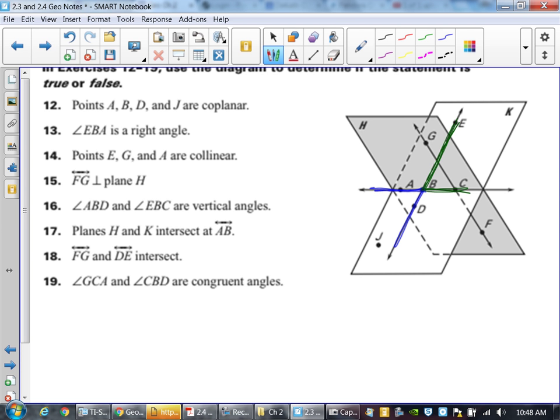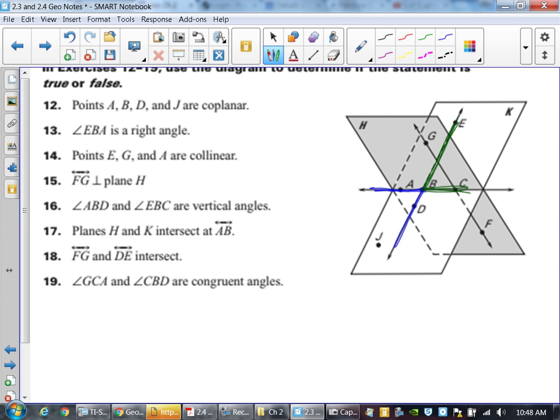True. Now, are both angles in the same plane? Hold up, they're all shared. Oh yeah, they're all on K. They're all on K, yes, because the K plane is the lighter colored one. It's in the front here, it's in the back there.